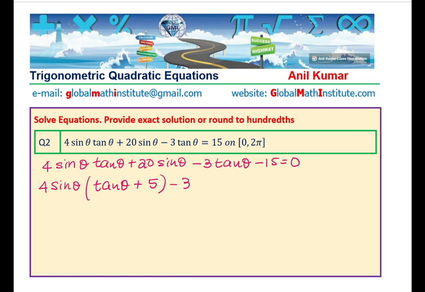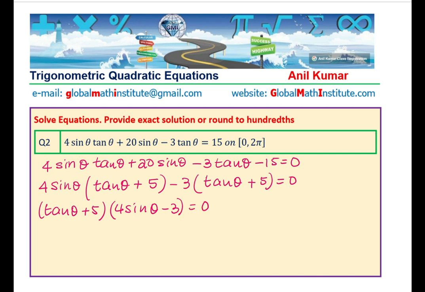Now we can take 3 common. We get tan theta plus 5 equals 0. Now tan theta plus 5 is common, and that gives you 4 sine theta minus 3 equals 0. So we have solutions for tan theta equals minus 5 or sine theta equals 3 by 4.